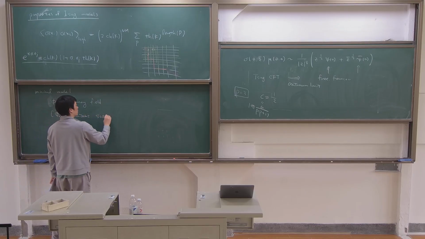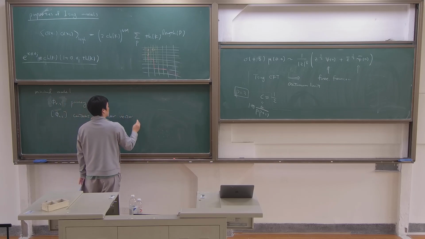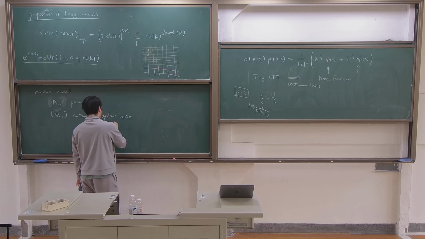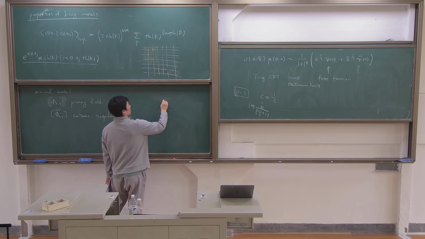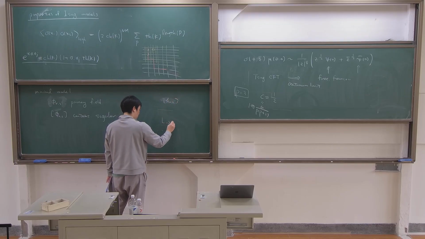singular vectors, or null states. So if you start with phi RS, with dimension h RS, you act with many Virasoro operators.